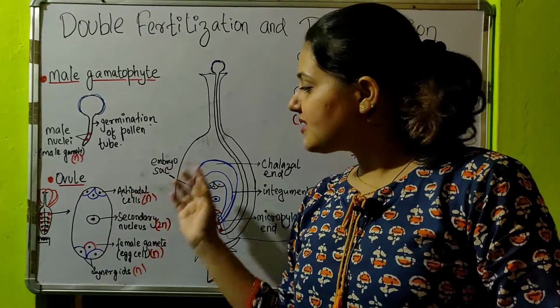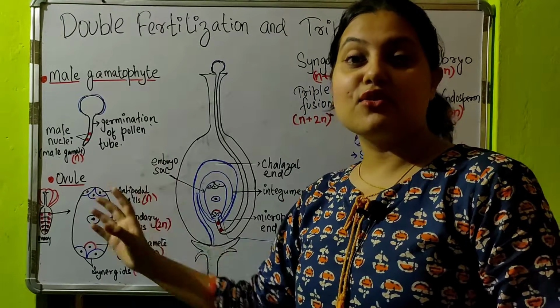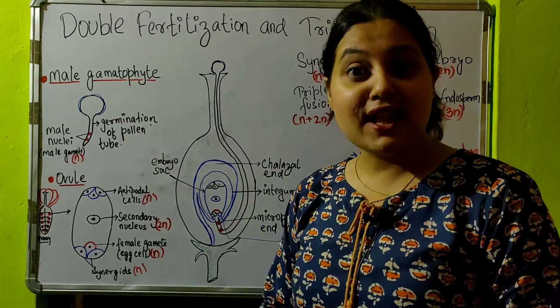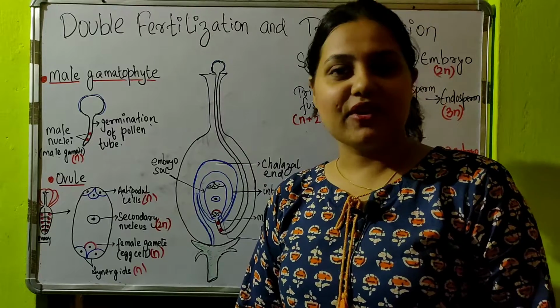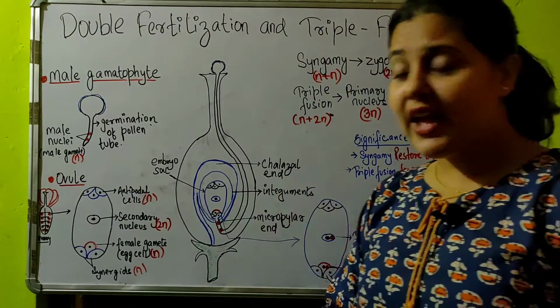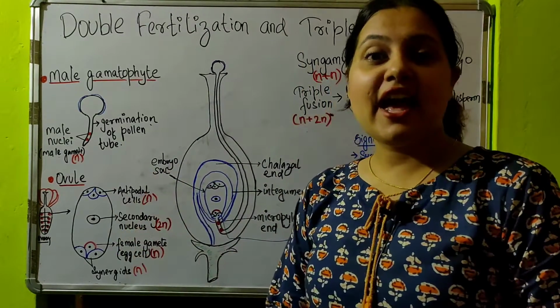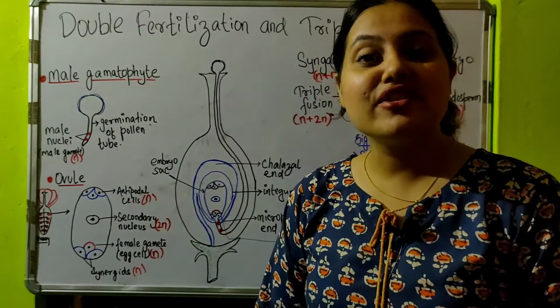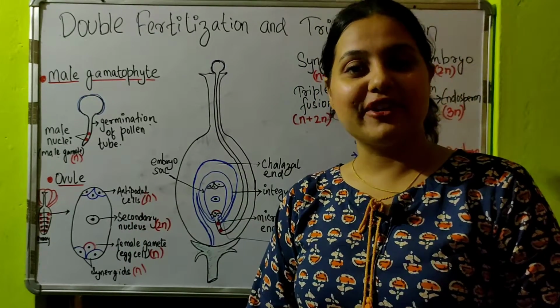That means an ovule as a whole is having 7 cells but 8 nuclei. And out of that all the cells are haploid and only the secondary nucleus is diploid.